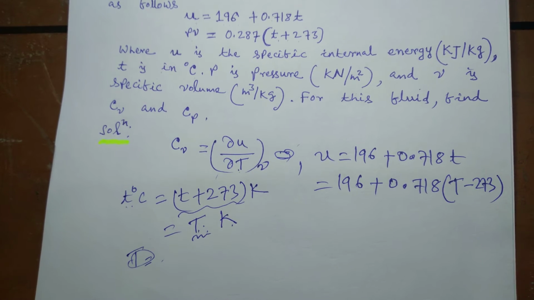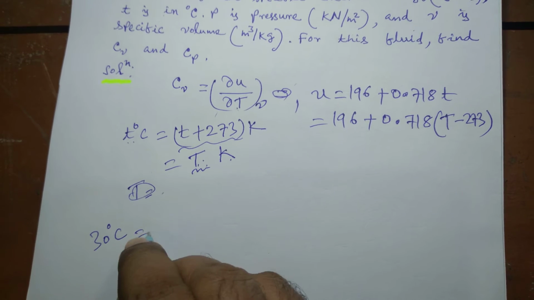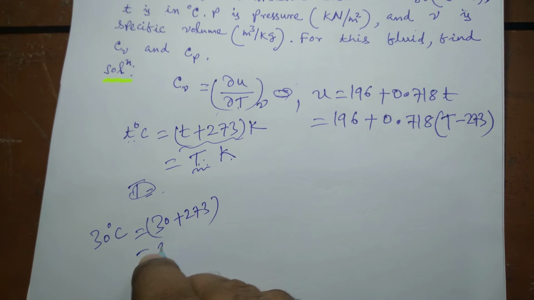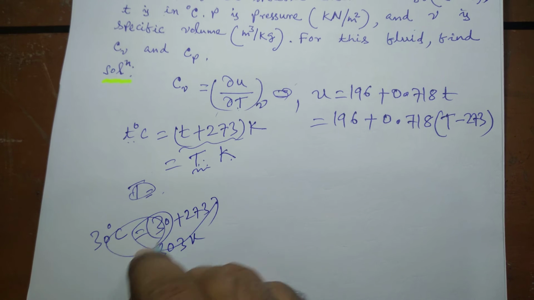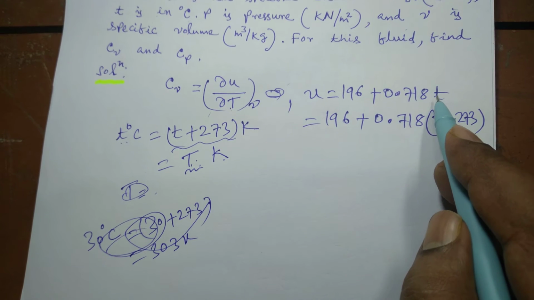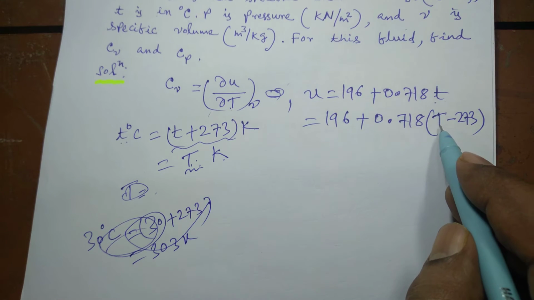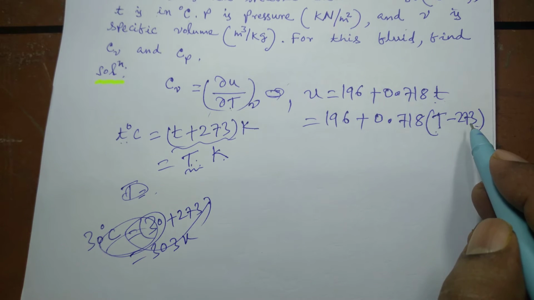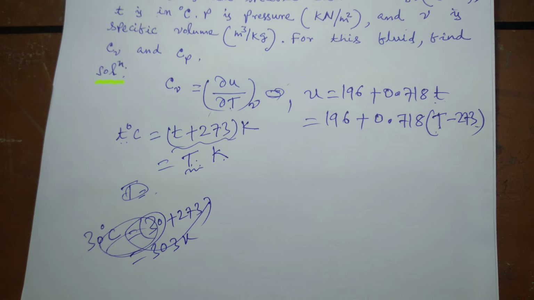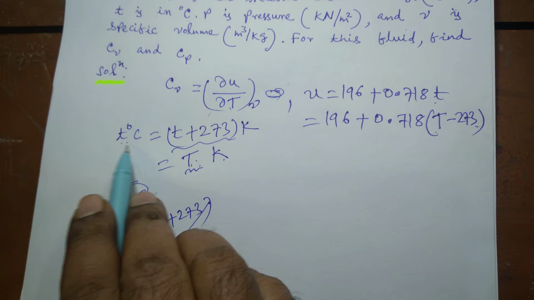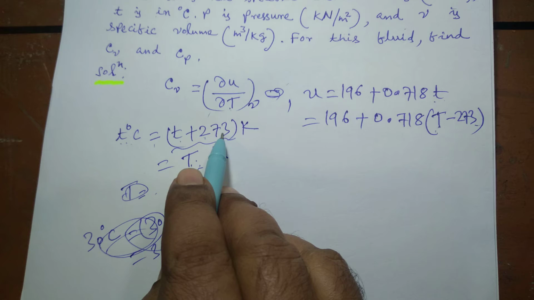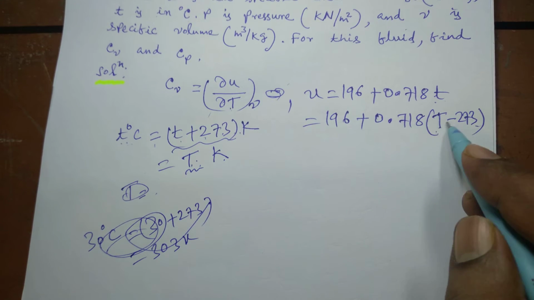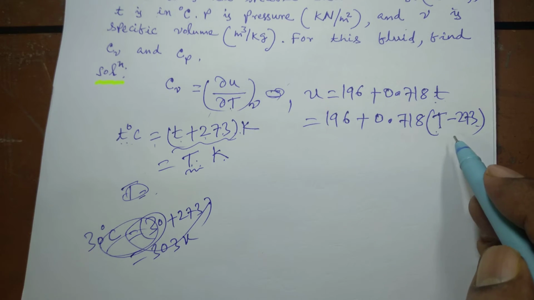Suppose 30 degrees Celsius will be equivalent to 30 plus 273, that is 303 Kelvin. So if we want to express this in terms of absolute temperature, we can write it like this, T minus 273, since t degree Celsius is equal to t plus 273 Kelvin. So in terms of absolute temperature, it will be like this.